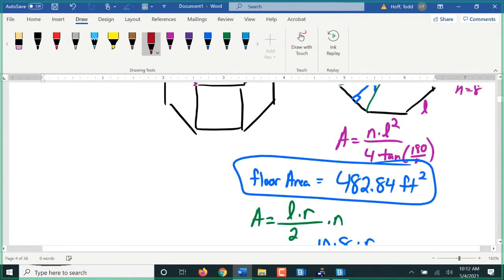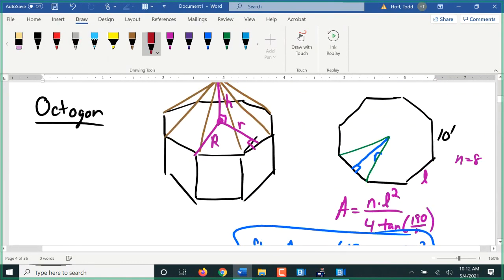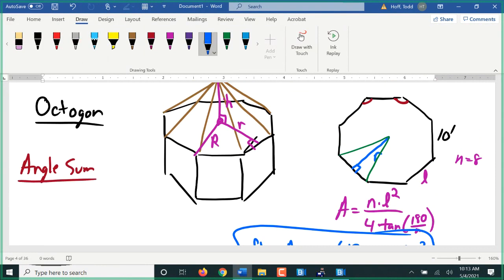Now, there are other ways I could have gone about that. I know that all those interior angles are the same. We know the angle sum is n minus 2 times 180.